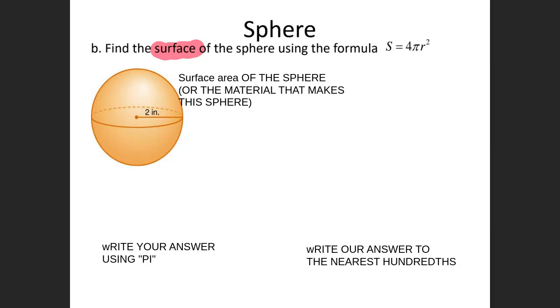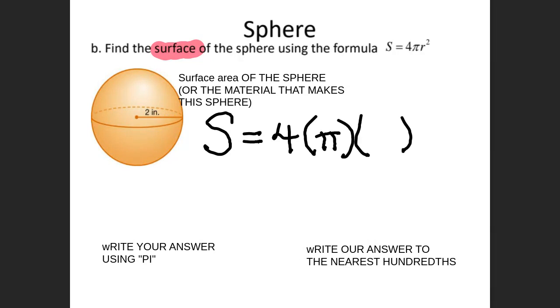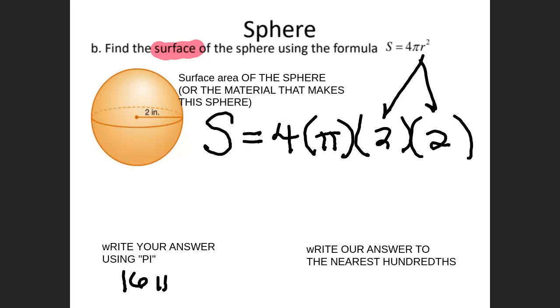This will give me S equals 4. This is pi. And remember, the R says I have 2 of them. This is 2. This is 2. Well, my pi answer is taking the 4 times 2 times 2, which will give me 16 pi units squared.